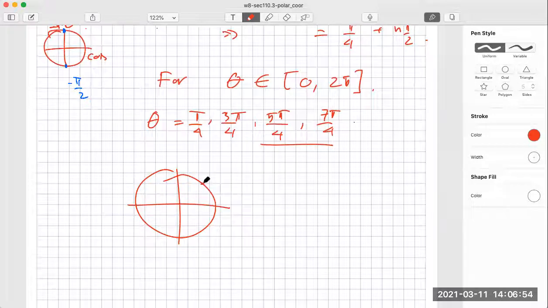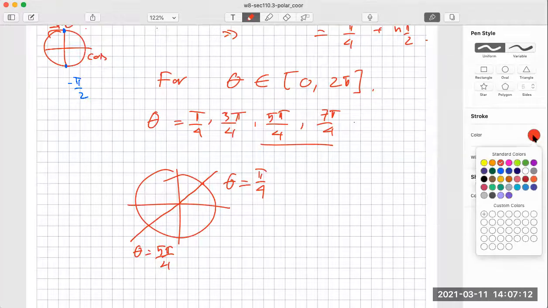Pi over 4 here, and the angle theta of 5 pi over 4. In polar coordinates, they're the same thing, right?